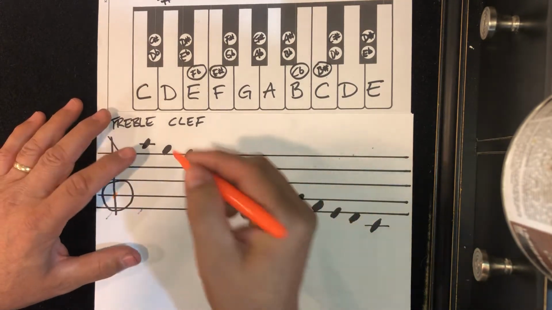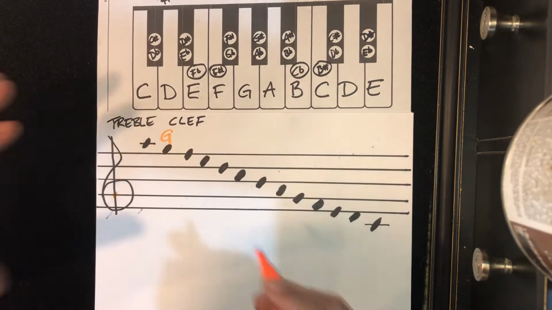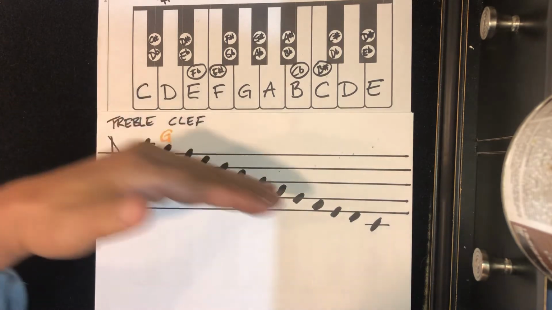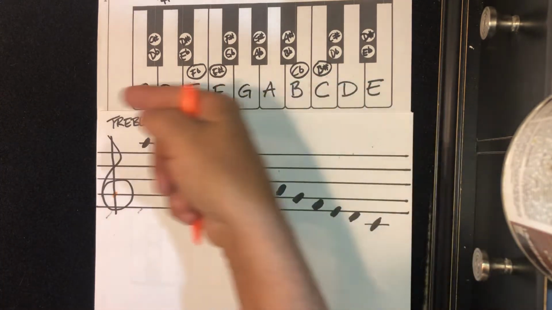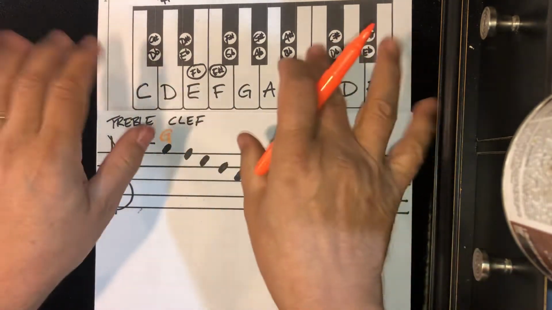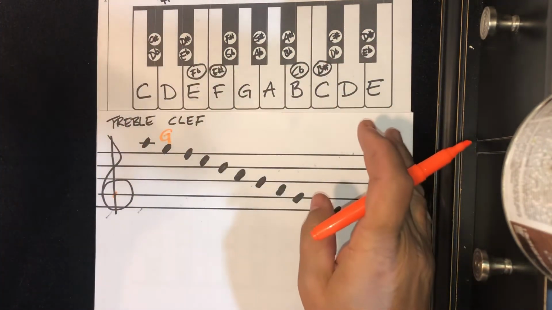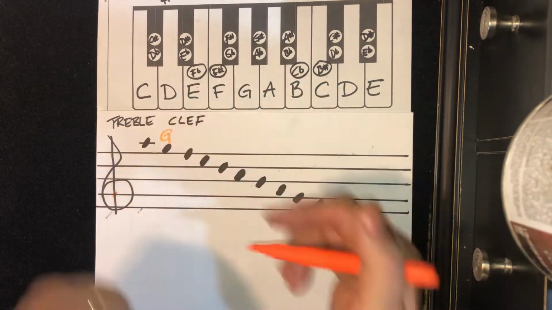And with G's, we're going to start up here on G. Sitting on top of the treble clef staff is G. All right, and then we're going down the staff. We're going to go down the keyboard. And if you're playing piano, you know that on your left hand, the lower notes, you're going down the keyboard. So down this way on the treble clef staff, down that way on the keyboard.